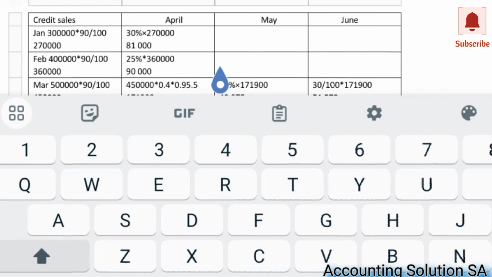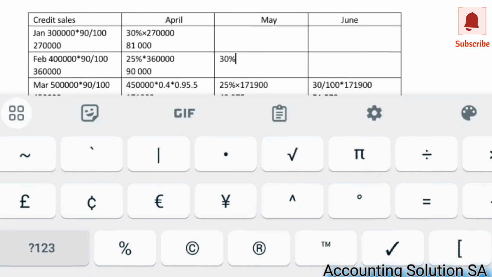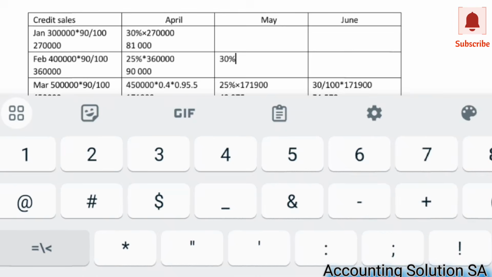Then the next month, after 25%, of course, we have to put 30%. Once you put a 40%, guys, the next month you put 25 and the following one you put 30%. It must be in order.